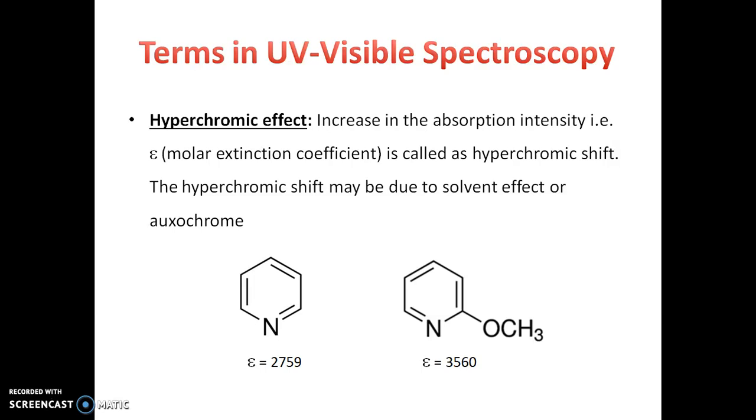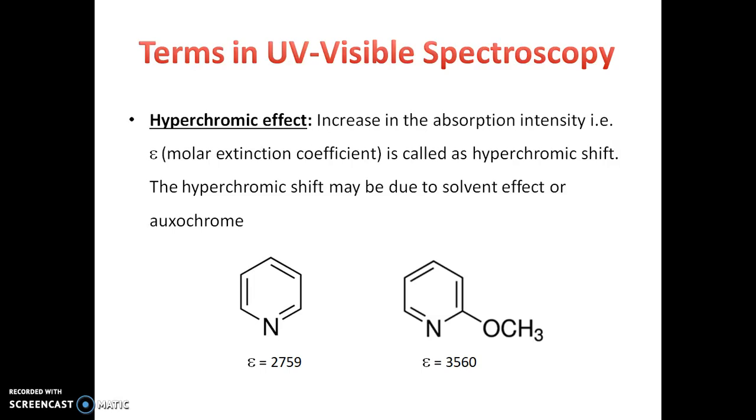Then effects. First is the hyperchromic effect. Whenever there is an increase in the absorption intensity, that is the molar extinction coefficient, it is called a hyperchromic shift. Hyperchromic shift is mainly due to the solvent effect or it may be due to the auxochrome. For example, pyridine has an epsilon value around 2759.